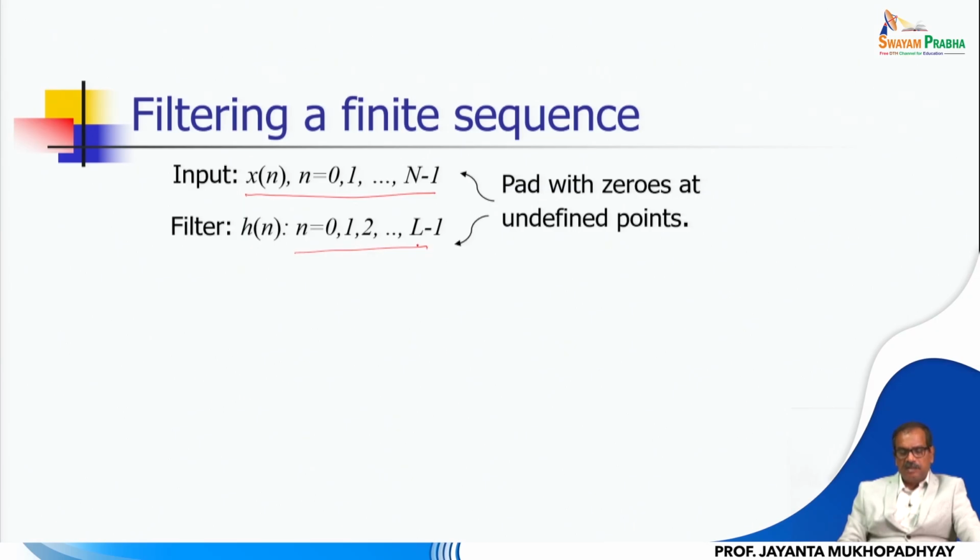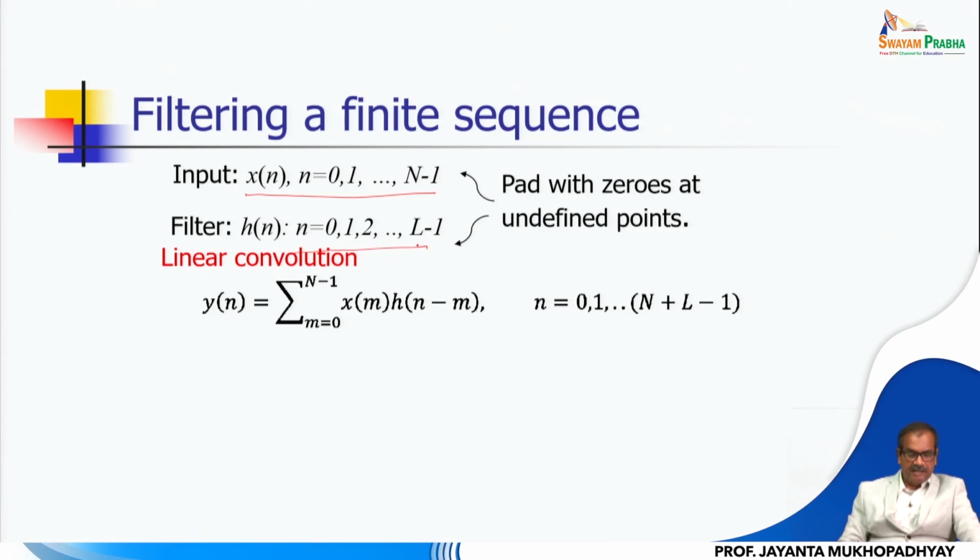So padding with zeros at undefined points is a bit natural, and in linear convolution, if I consider the sequences defined this way, then this operation can be described in this form. So you are multiplying x[m] into h[n minus m], and then taking the sum.